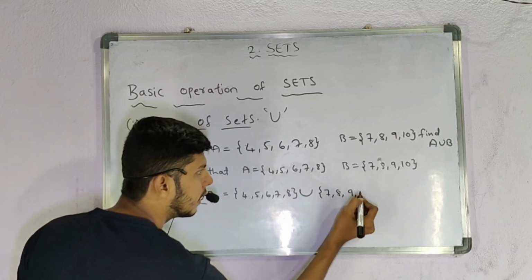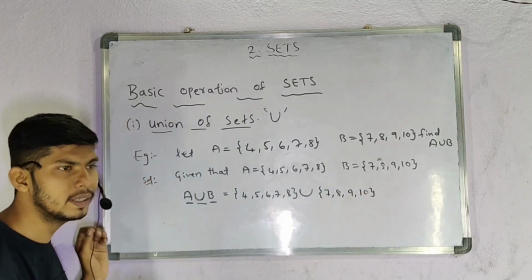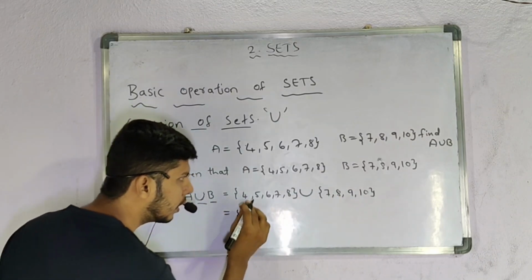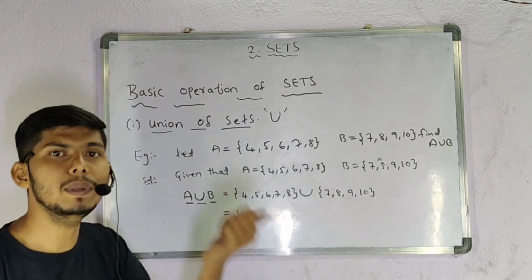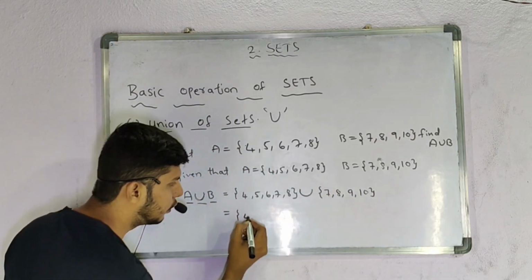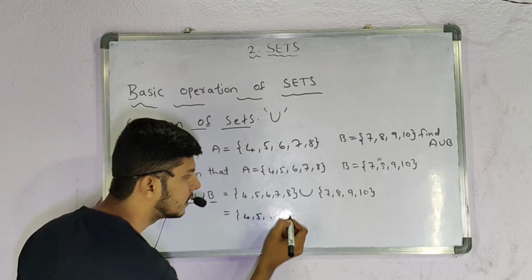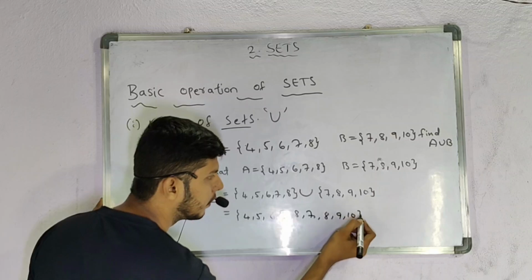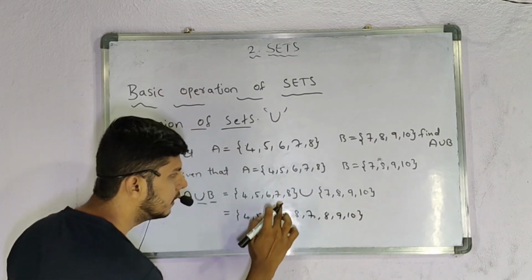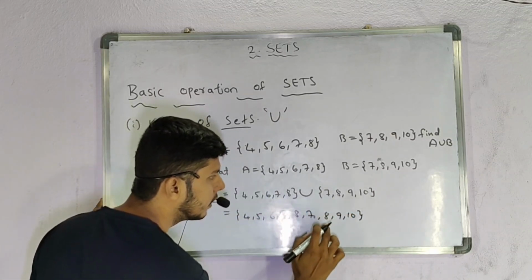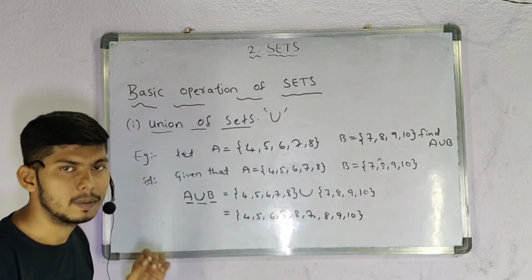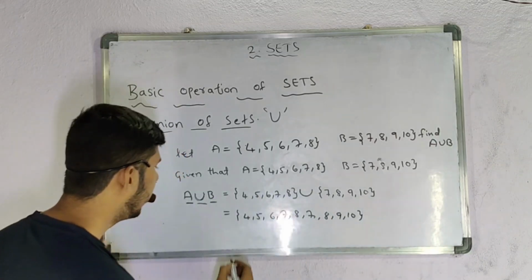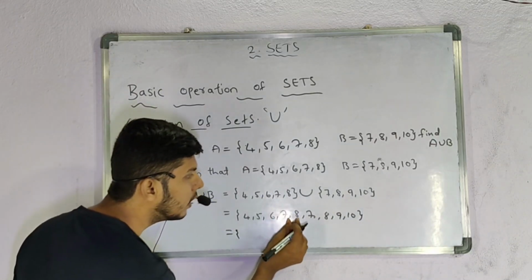7 8 9 10. After writing A union B, now we have to write all the elements of A set and B set. First we write 4 5 6 7 8 7 8 9 10. Right, this is the union. Union means unity. Next, what are the repeated elements?